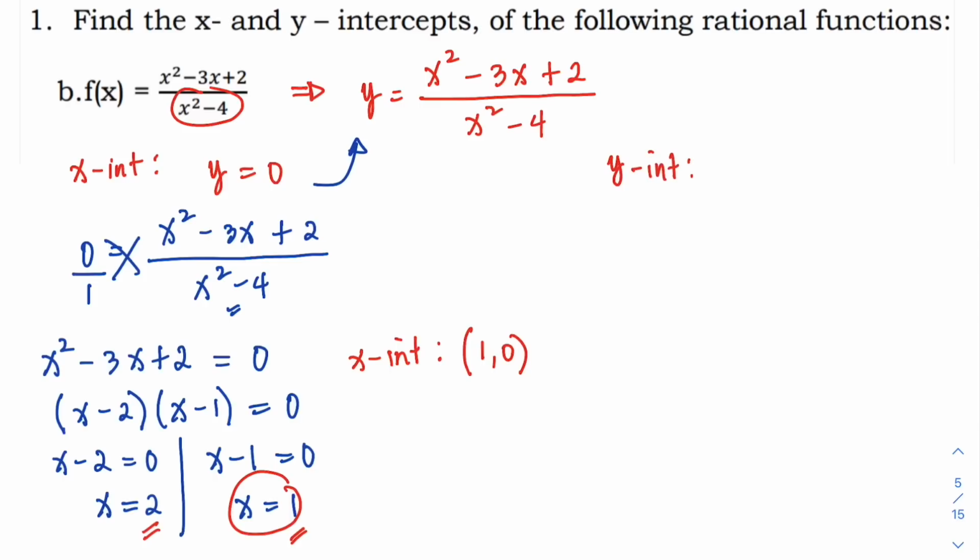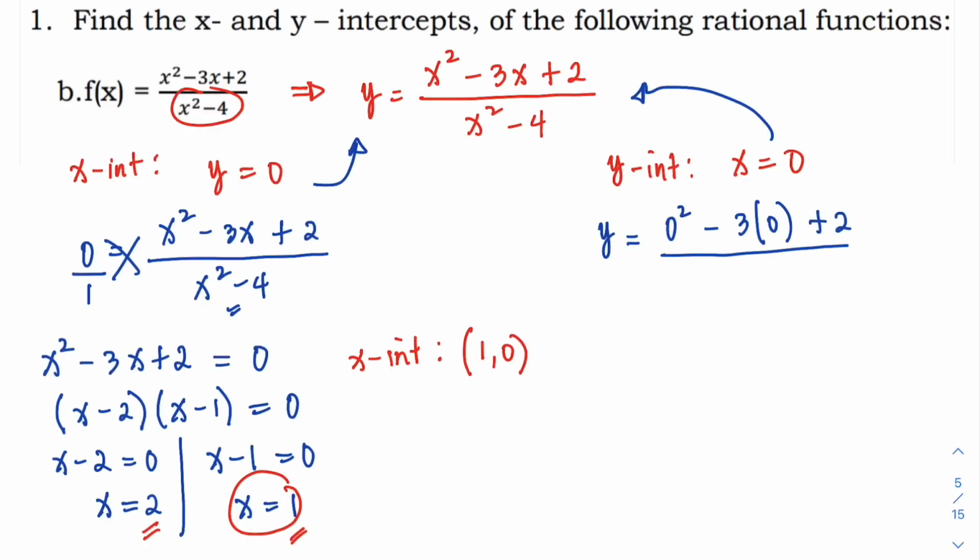So, kay y-intercept, isa-set lang natin si x equals 0. Tama? So, substitute natin yan, guys, dito sa ating equation. So, meron tayong y equals, so x square, so that is 0 square, minus 3x. So we have 3 times 0 plus 2 all over x squared.